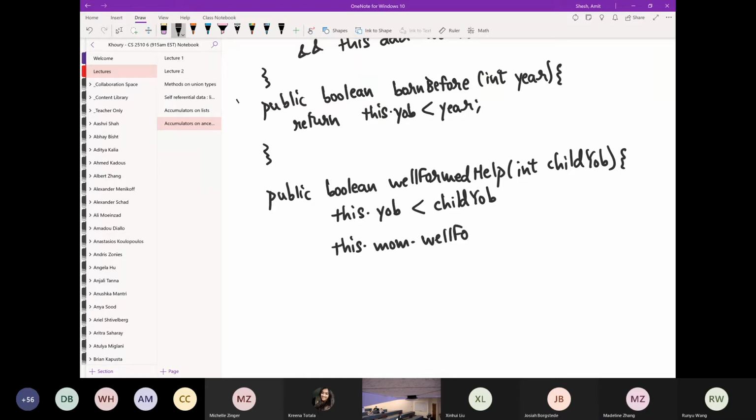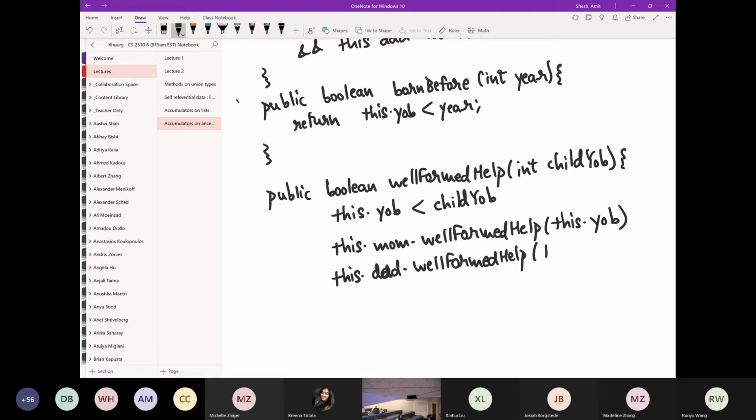But in order for my mom to check that, she needs to know my year of birth. She needs to know my year of birth. And similarly, is my dad's tree well formed? But in order for my dad to determine that, my dad has to know my year of birth.